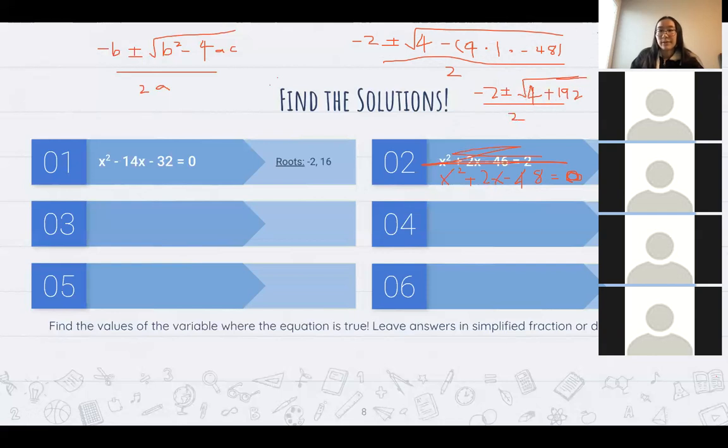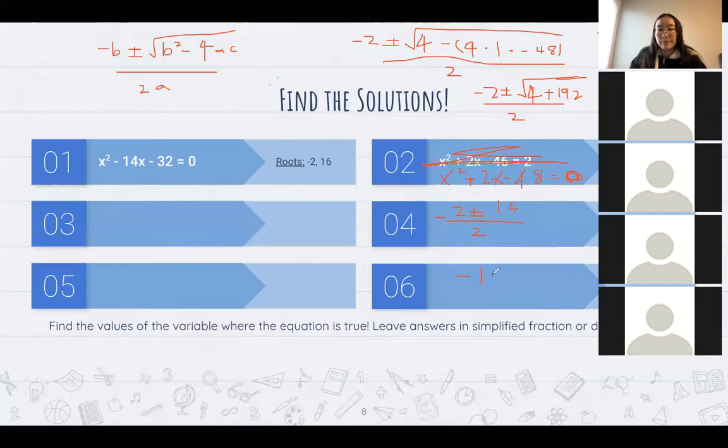So we have that once we do the parentheses, and then now we're going to do 4 plus 192, which is 196, all over 2. And now square root of 196 is 14. I'm going to do it down here. -2 plus or minus 14 over 2. And then divide by 2.